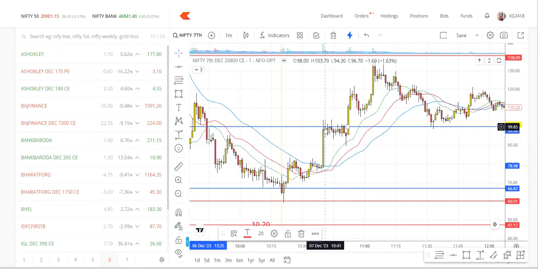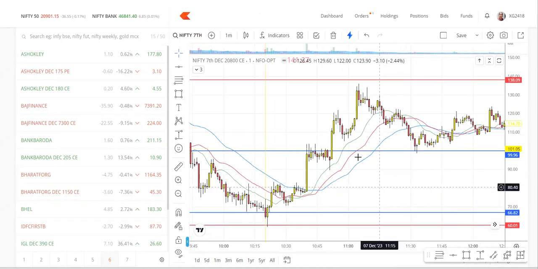So there was a huge move upside, and even on this correction around 88, if you would have entered, you would have made money.